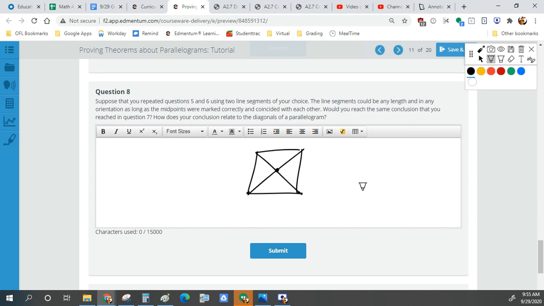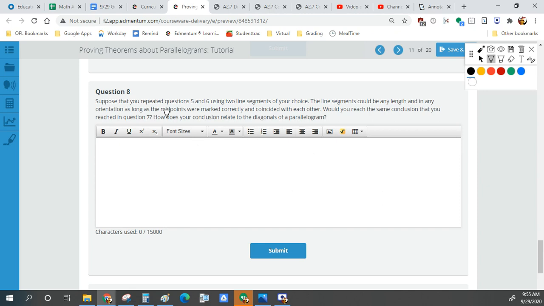So if I have two bisected line segments, you can't bisect a line because lines go on forever, I can make a quadrilateral, and that quadrilateral would be a parallelogram.